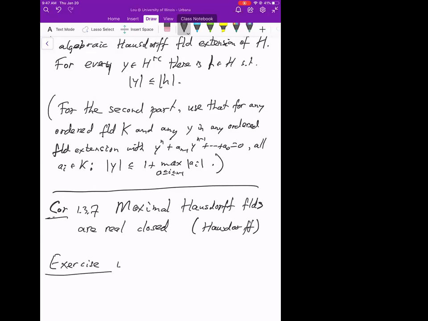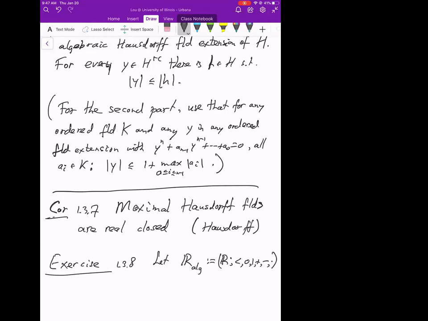Exercise 138. Let's make a small connection to O-minimality here. Let's consider the usual ordered field of real numbers, which I denote this way. R is the reals, with its ordering, 0, 1, plus, minus, times.